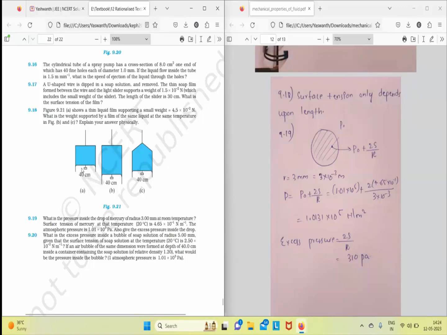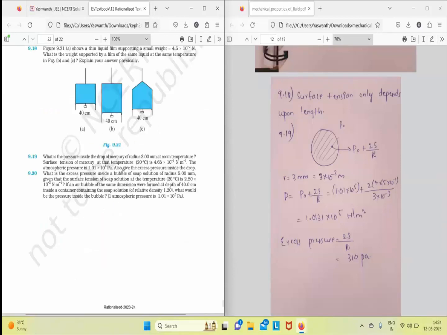We can observe that in all three cases, the surface length is 40 centimeters. So the surface tension force which acts on that part will be T into 40 centimeters. So all three cases, that is A, B, C, support the same amount of weight, that is 4.5 into 10 power minus 2 Newton. Again, this question is an observation which we made in one of the previous questions, but not on the surface area. Going to the next question.